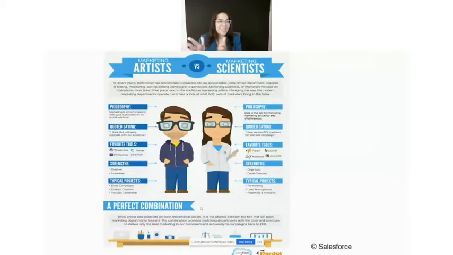Okay. So let's take this infographic. This is actually a very interesting one. It's from Salesforce. If you want to look it up, it's available on the internet. It's very interesting to show to students and to give them a perspective of how they want to get into their careers in future. Now, if you look at this, the marketing artist part of it is the philosophy.